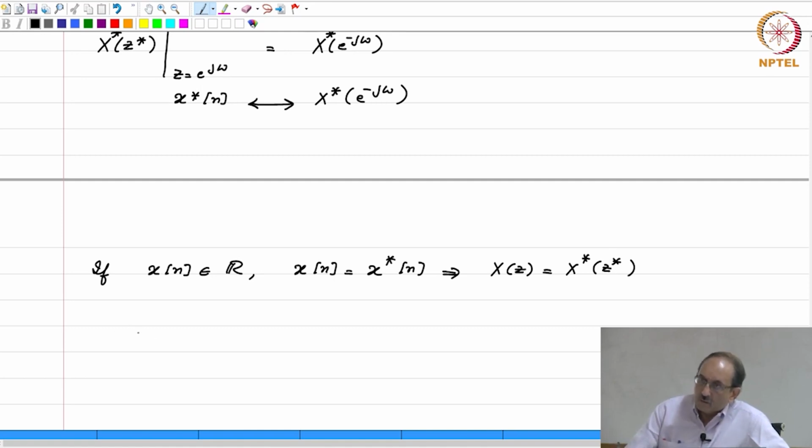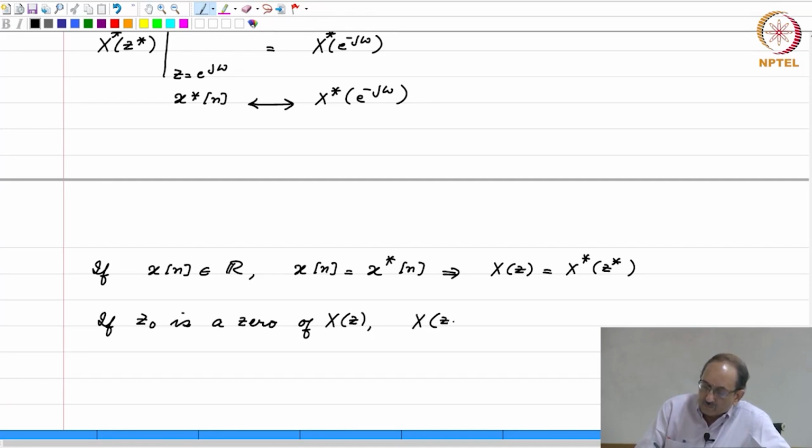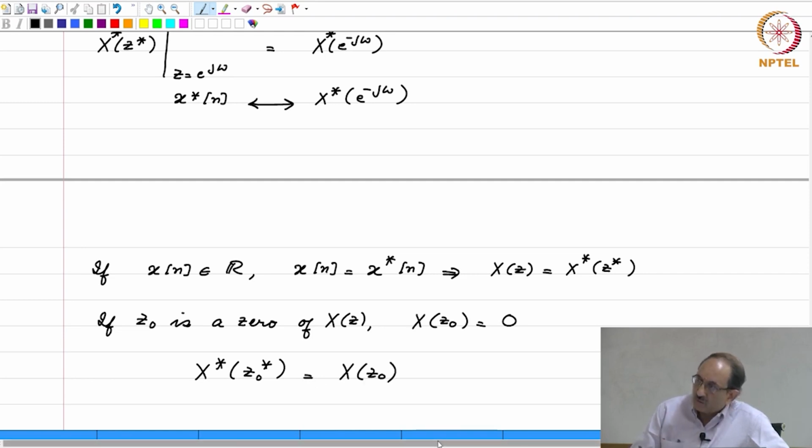And a consequence of this is that if z naught is a 0 of x of z, then x of z naught is 0, but x of z naught is the same as x star of z naught star. So this is the same as x of z naught, and this is therefore 0.